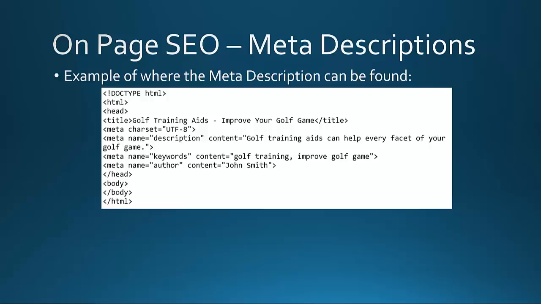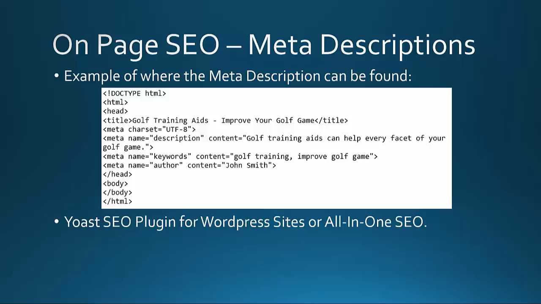The meta keyword is really not essential at all, like it used to be. Just don't stuff keywords. I usually just put in one or two keywords, like you see here, related to the phrase I'm going for. You'll notice I actually was able in my title tag to use two keywords, golf training aids and improve your golf game, which are also keywords. And then meta name author: if it's applicable, you could plug your name in there.